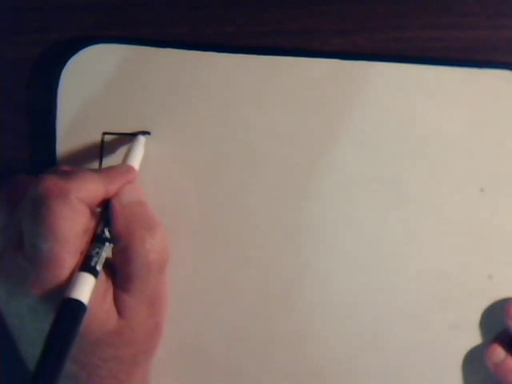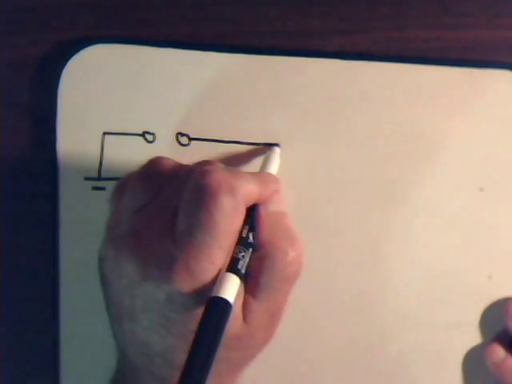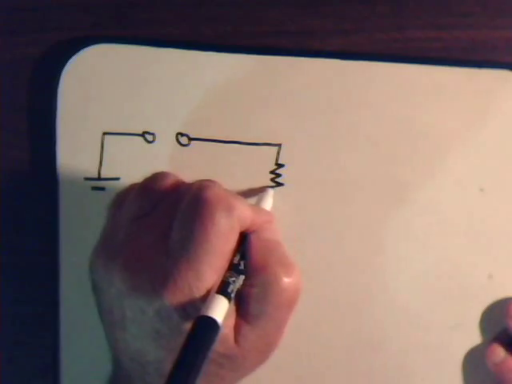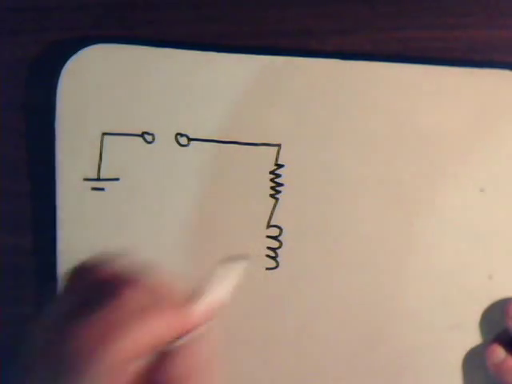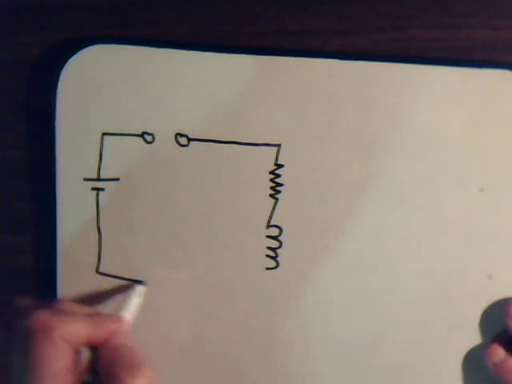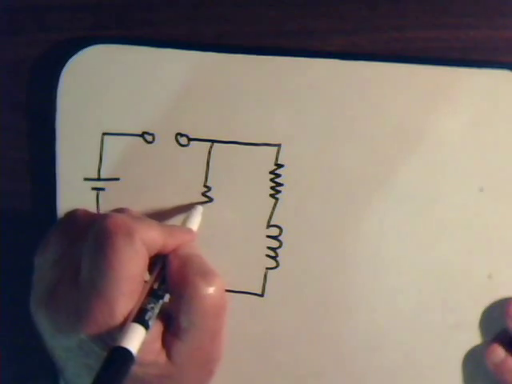Say we have, again, just a battery, our coil L, and then another resistor here.